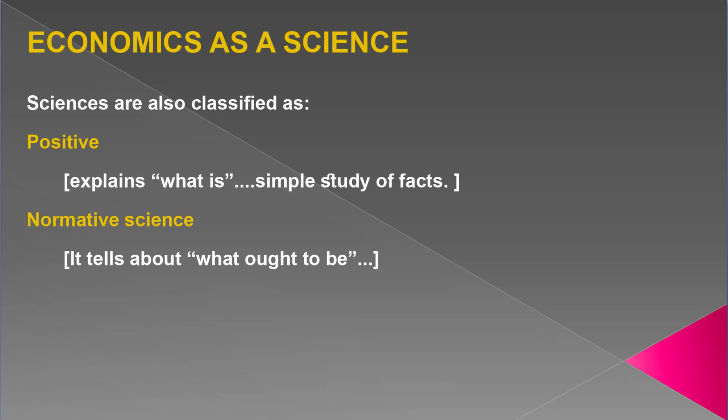Whereas in normative sciences, what ought to be is told. For example, weak points of tax systems, suggestions for the improvement of the tax system, and giving judgment about right or wrong of taxation. This is all normative economics. When we say that this should be done and this should not be done, it becomes a normative science.